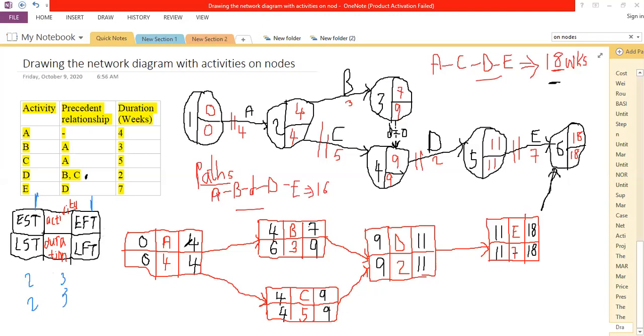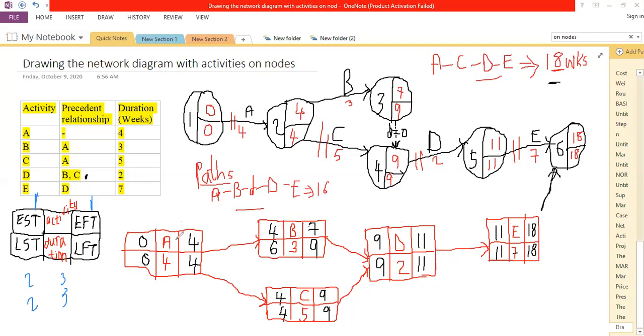For example, for activity A, the earliest start, the latest start, the earliest finish, the latest finish, they are the same, meaning that is part of the critical path. Then for B, the earliest start and the latest start are not the same, so you don't even have to look at the others. You do away with that. For the C, 4, 4, 9, 9, they are the same. D, 9, 9, 11, 11, and E the same.